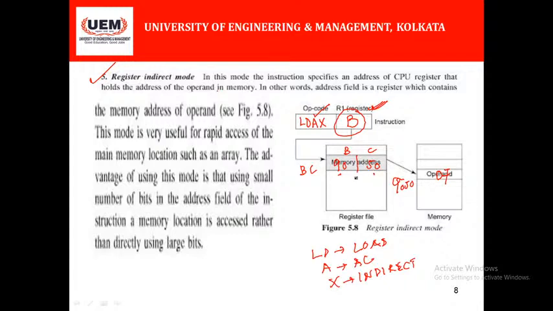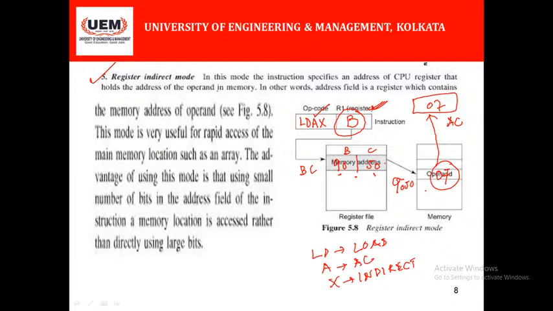Is it data? No. Is it an opcode? No. Is it an address? Yes. Then go to address 9050. What is the data? 07. Then transfer this 07 data to the accumulator. This is what happens in the register indirect addressing mode.